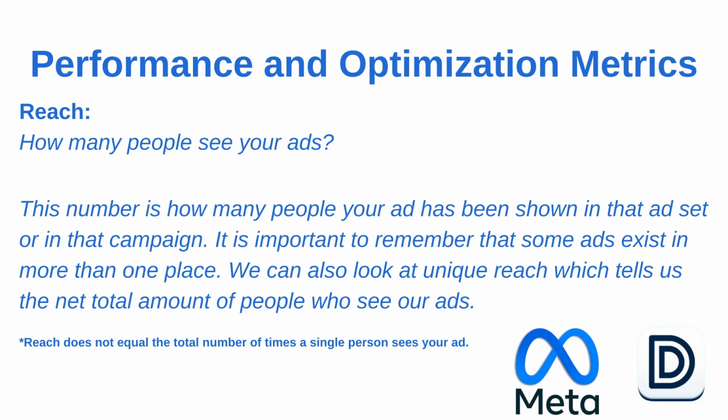So that ad as a line item in your ad sets or campaigns might not be completely inclusive of all of the people reached by that post ID if it occurs in more than one place. We can also look at unique reach, which tells us the total net of people who see our ads. Reach does not equal the total number of times a single person sees your ad.